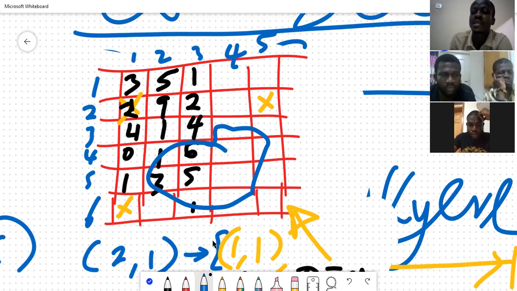Now, what does it mean for security? What's the security application for this? If I can tell areas that are visible from certain points, what is the security application? I think you're on a higher ground.